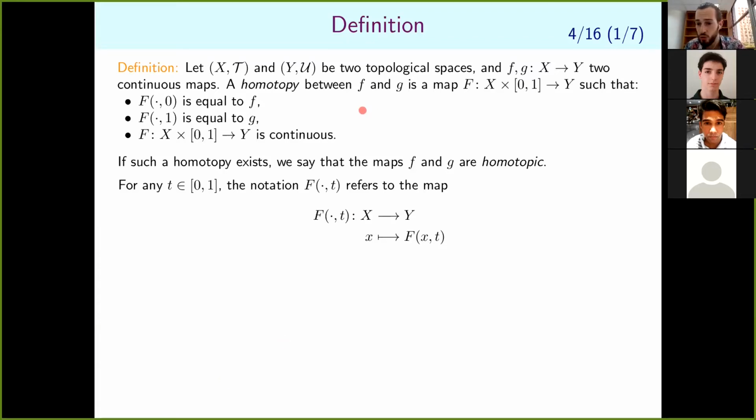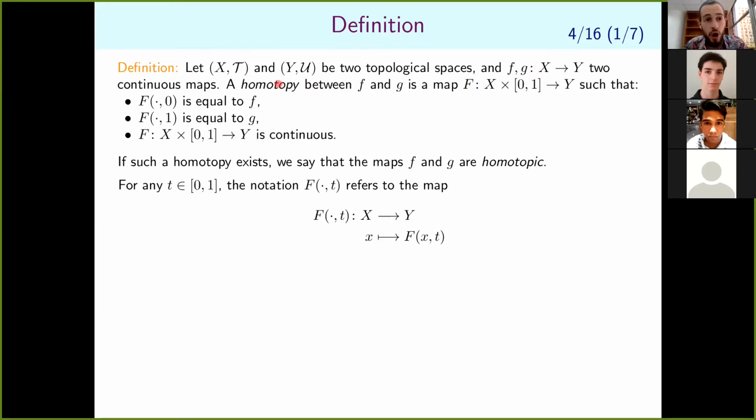I need two topological spaces, X and Y, endowed with topologies T and U, and two maps, f and g, from X to Y, two continuous maps.